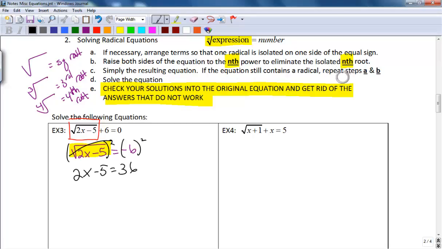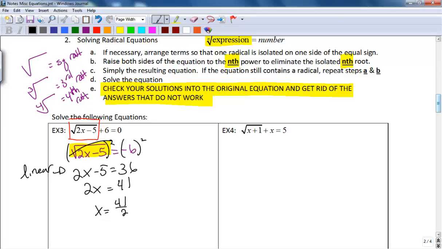Now I have to check to make sure that I don't have a radical left. Well, there's no radical left, so I can skip to step D, which tells me to solve the equation. This is just a linear equation, so I need to isolate the variable. So 2x, moving 5 to the other side, is equal to 41. Divide both sides by 2, and x is equal to 41 over 2.